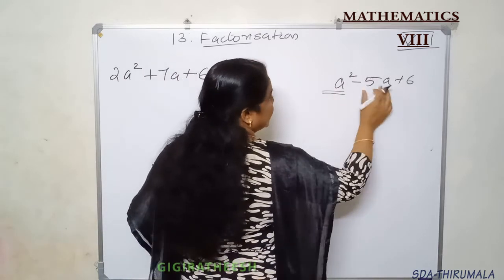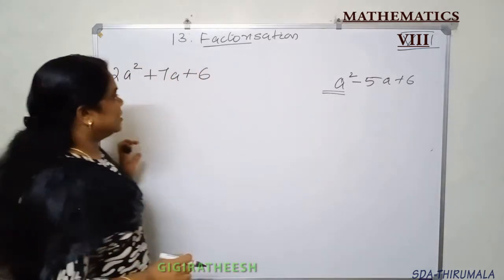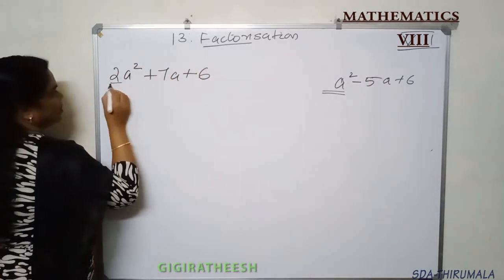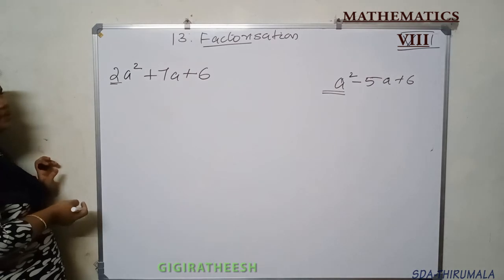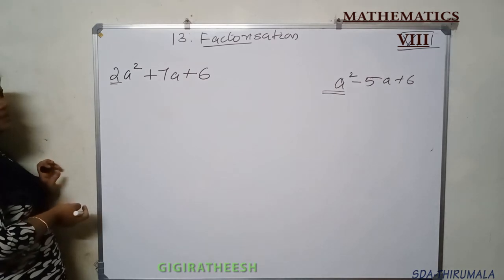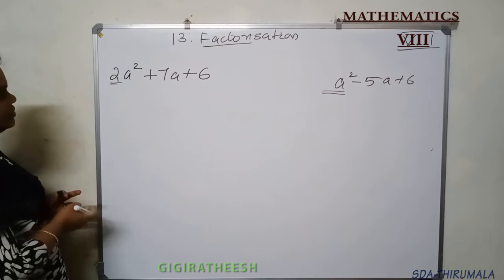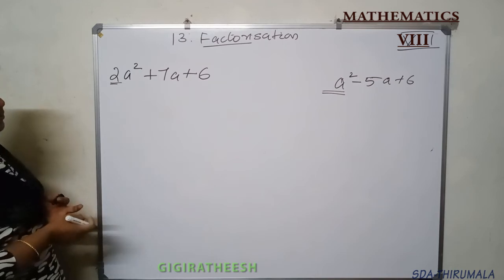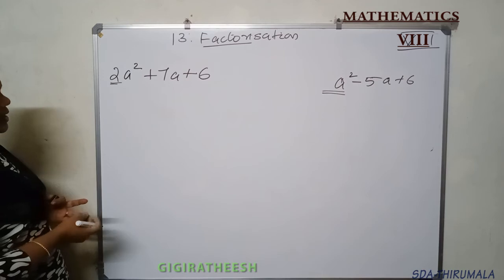So there we directly split the middle term in two. But here, look, there is a coefficient for the term a square, and there is a direct method for finding the factors of this trinomial.